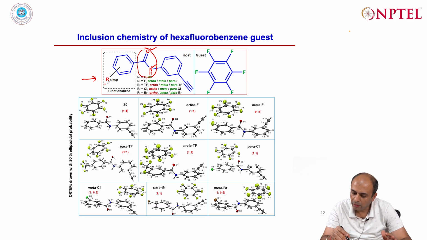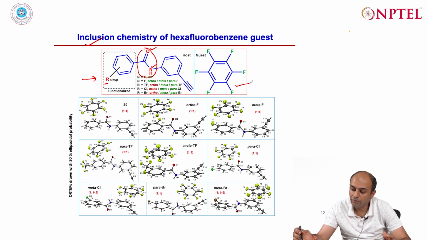You can have R equal to fluorine, the ortho meta para isomers. You can have the trifluoromethyl group, ortho meta para. You can have the chloro and the bromo with the 3 different isomers. So you have a set of 12 molecules, and you can try to understand the inclusion behavior of hexafluorobenzene, because benzene is relatively electron rich, hexafluorobenzene is electron deficient, and can they interact with each other.